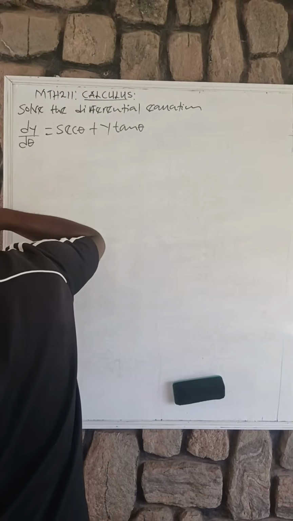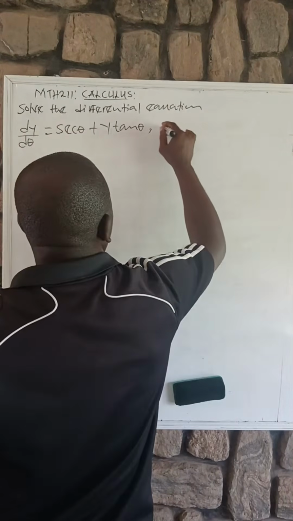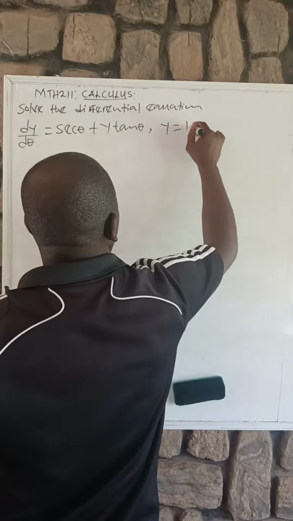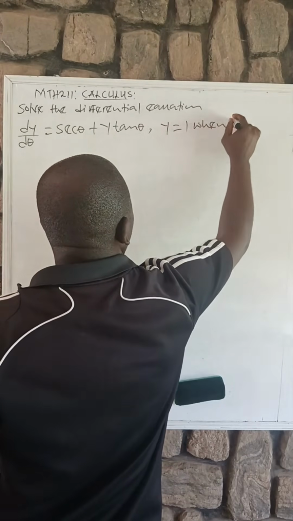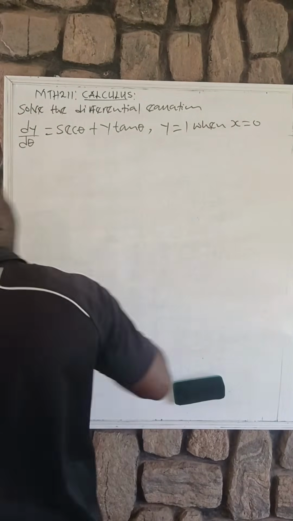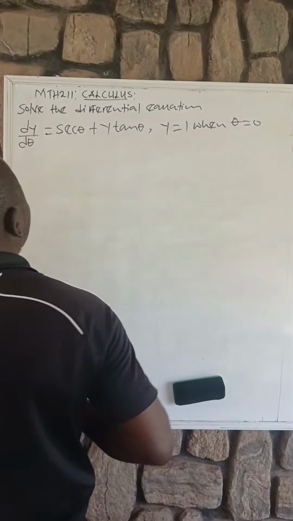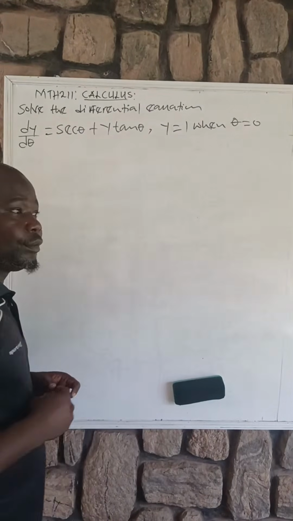Then given the boundary conditions, that is y equals 1 when theta equals 0. Theta is not x, theta equals 0.